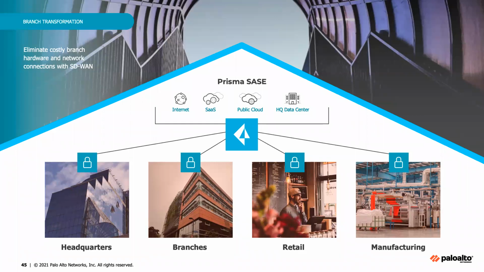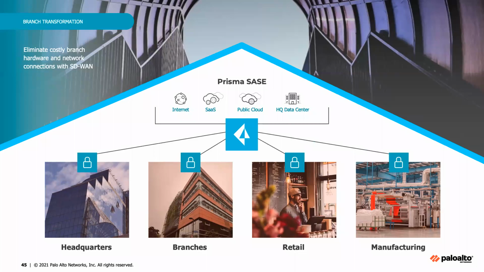Instead of sending everything again back to the data center, now you can eliminate the cost, either the links to get back to the main data center, or the cost of having to implement security and hardware at all these places by using Prisma SD-WAN and Prisma Access to give you the best way to get back and forth, and also give you the best security available.